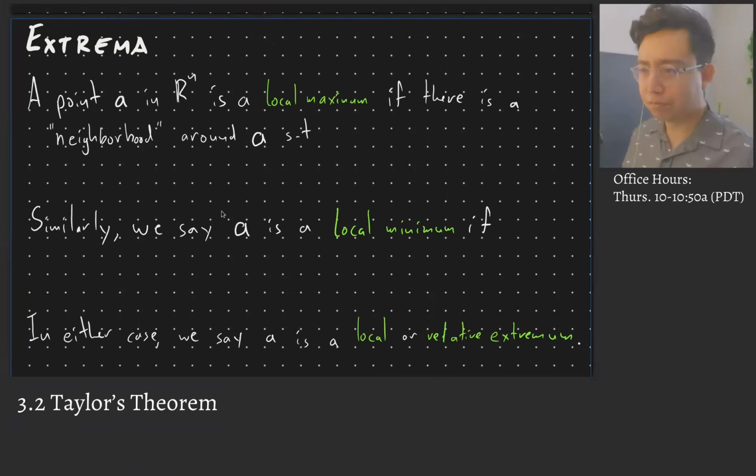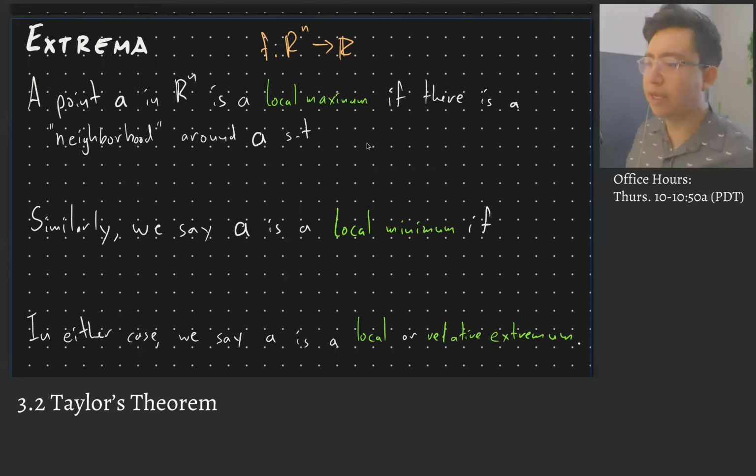I guess I should have mentioned a function here. So f, we're going to say, is one of these smooth, nice, differentiable functions from R^n to R, a scalar-valued function of several variables.